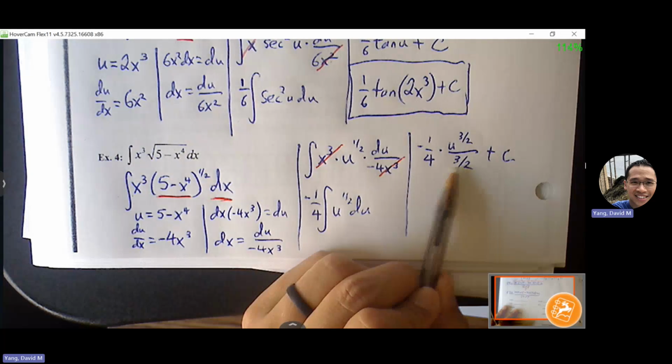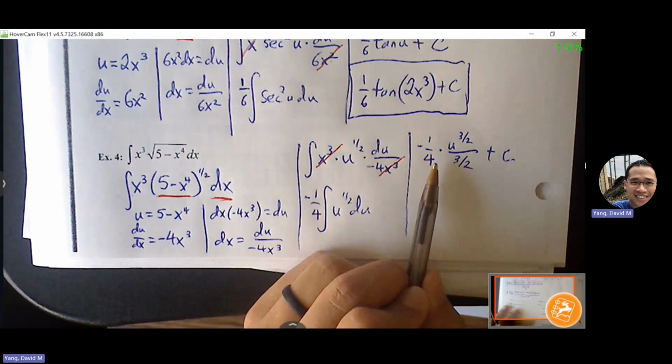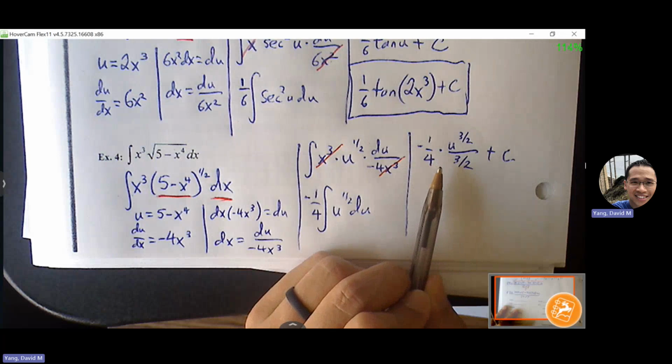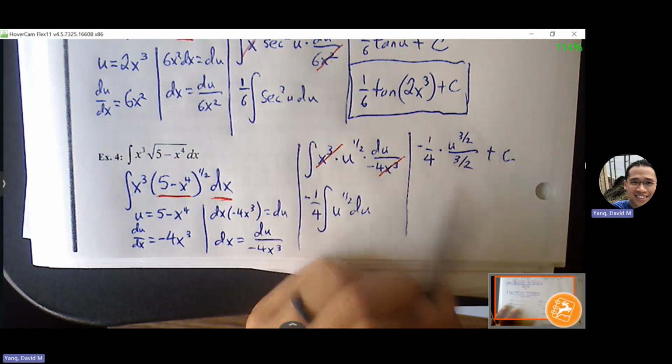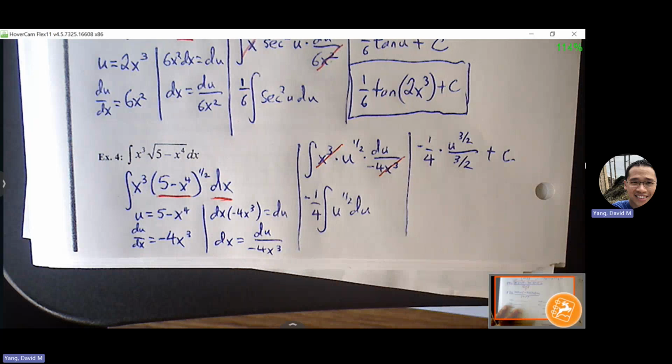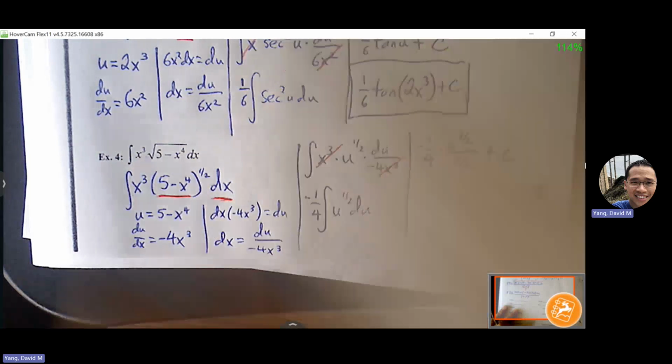Flip that fraction up as 2/3. 2/3 times 1/4 is 2/12, which is 1/6, or -1/6. And then we bring our original variable back, right? Because we have our answer, we're going to put it back in terms of the variable that we started with.